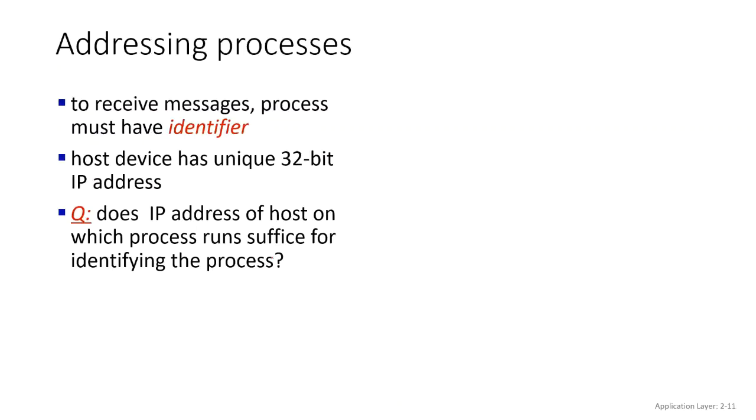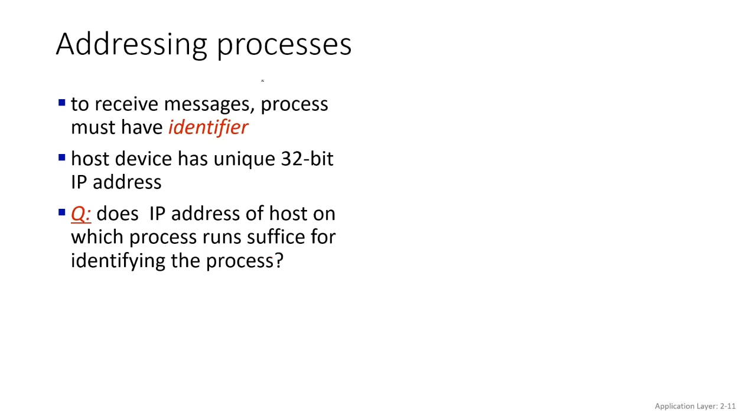All right, so addressing processes. To do anything we want on the internet, we need what we call an IP address, an Internet Protocol address. This is a protocol, the Internet Protocol.